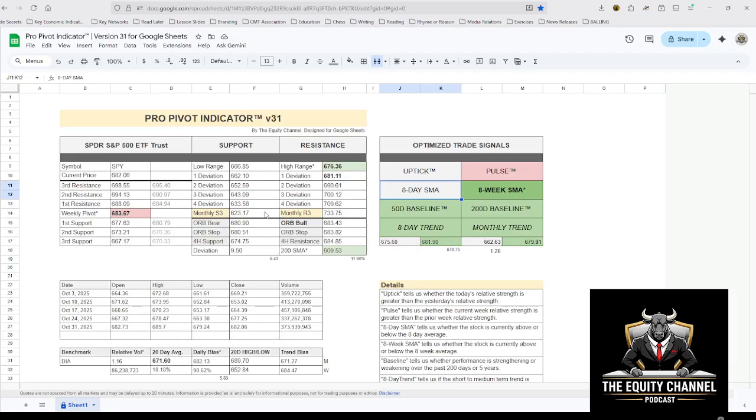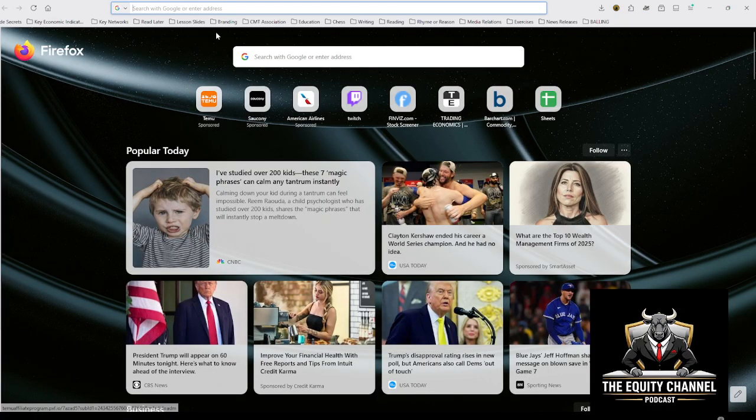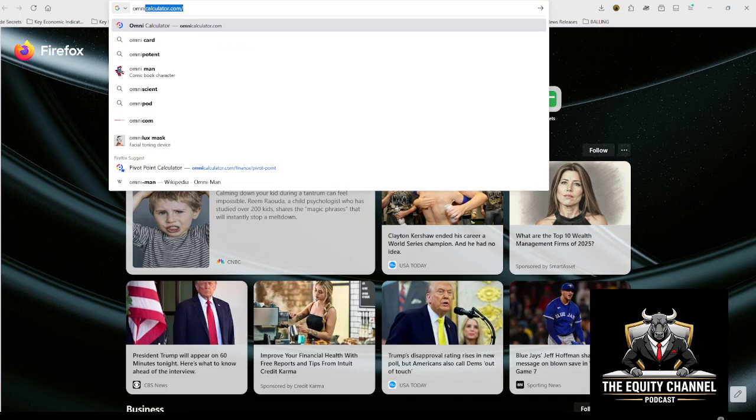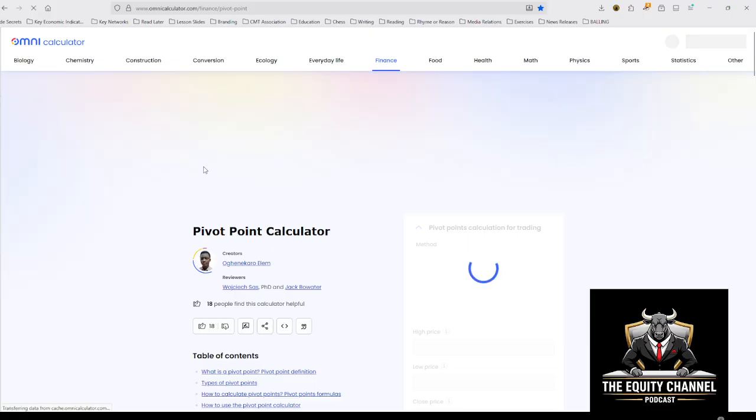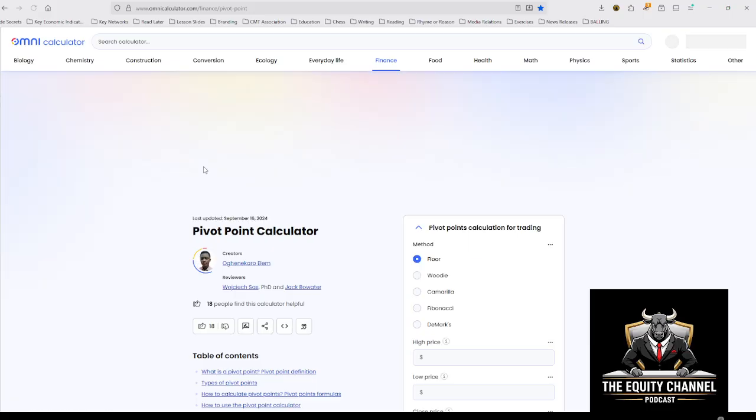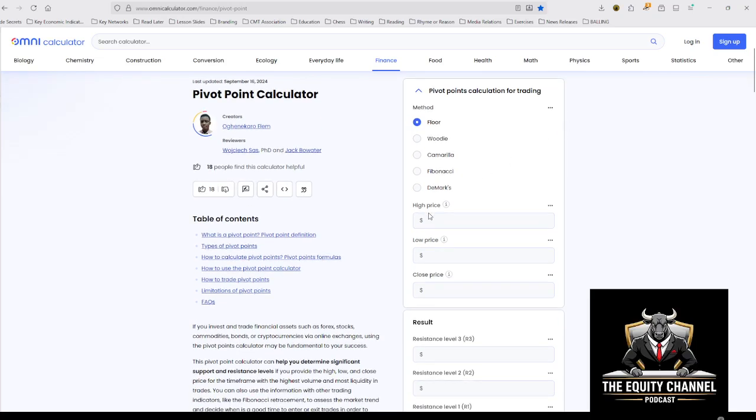So on the pro pivot indicator, you have your monthly R3 and S3 from the pivot point. If you don't have the pro pivot indicator, or if you're trading futures or Forex or something like that, you go to the monthly chart, right? You grab the high, low, and the close from the previous month, and you put them right here in this calculator.